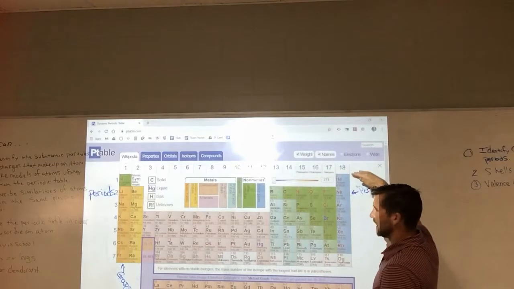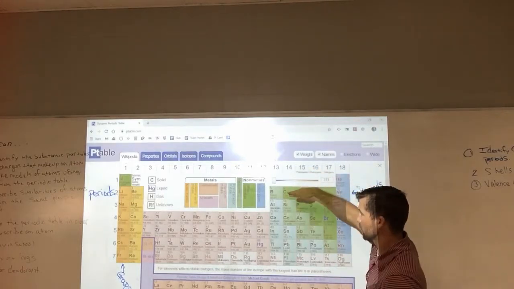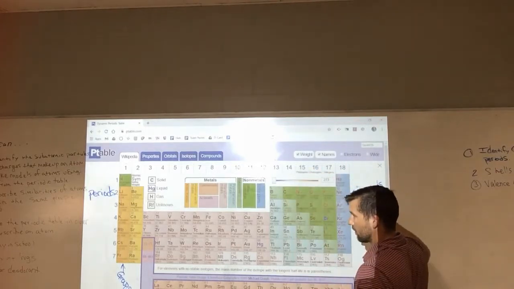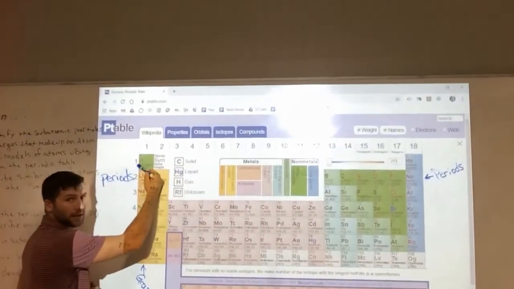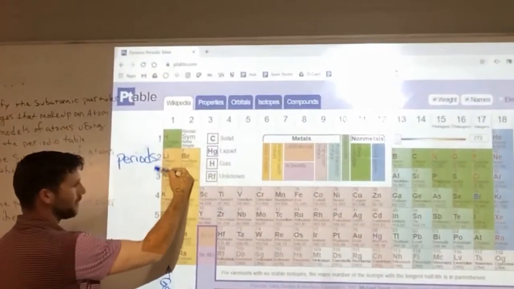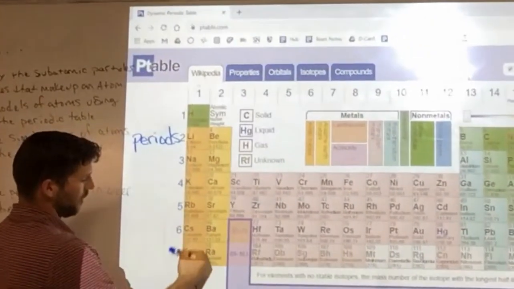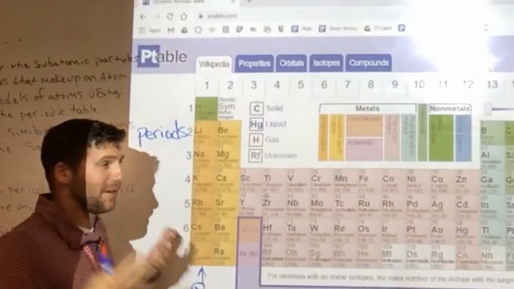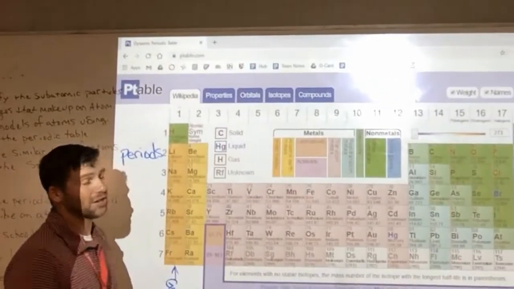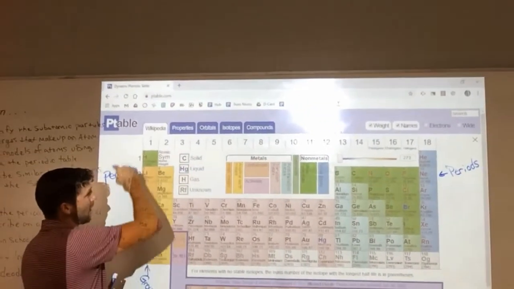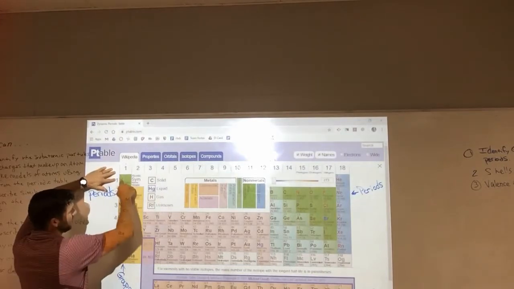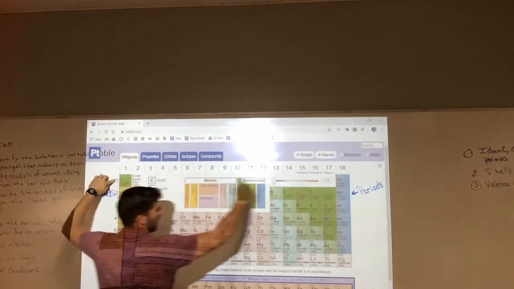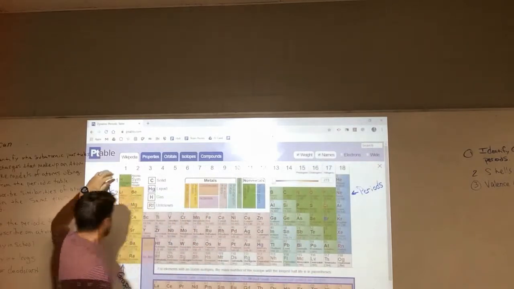On the periodic table, we see these horizontal rows. We call them periods, and each period has a number right over here that we can see. Most periodic tables have these periods numbered. That number basically tells you how many shells an atom in that period will have. I can see right here, these two elements are in period 1.